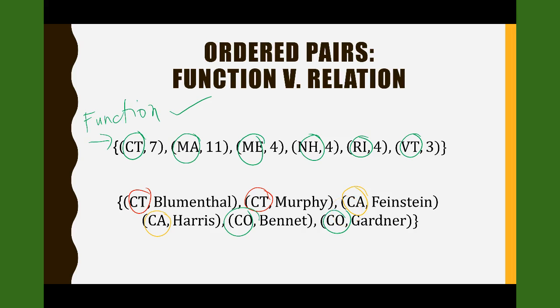Either way, the point is that there is at least one input that repeated, and therefore this does not represent a function. So pay attention to the inputs again, same as using the table. Ordered pairs follow the same idea: the inputs should not repeat in order for it to be a function.